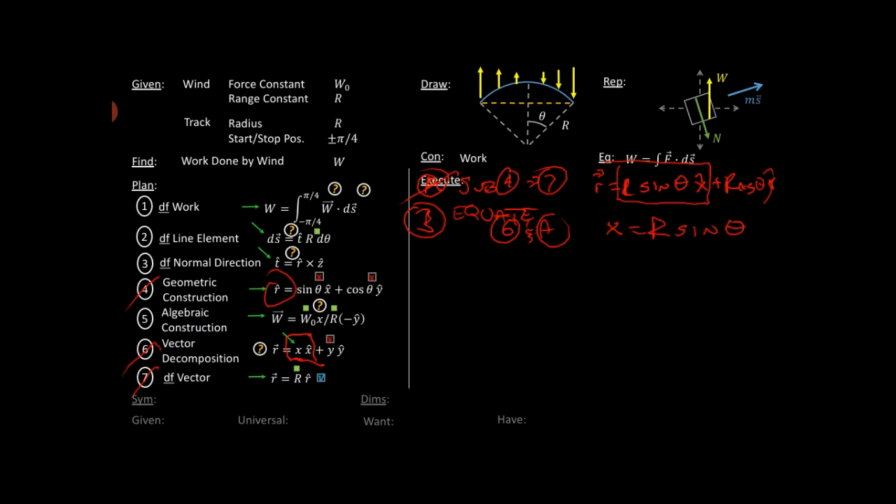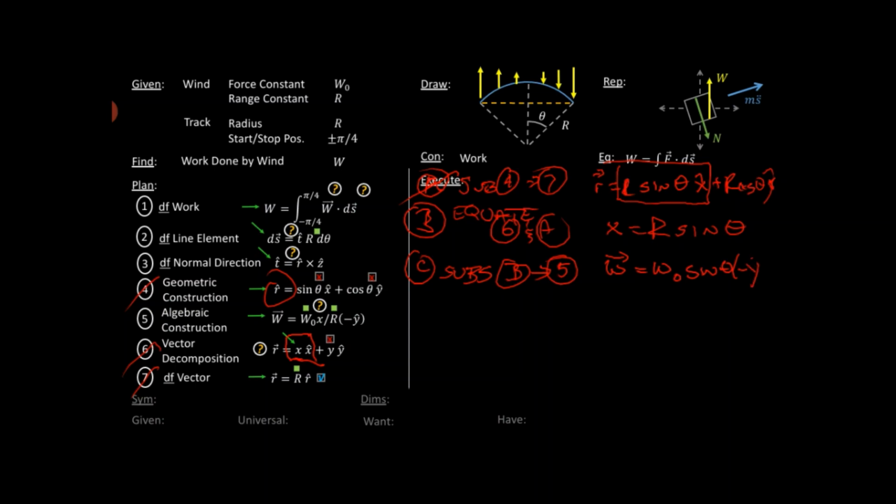So now what we wanted to do is substitute that x into 5. So then we'll have w as a function of theta, so we'll be able to integrate that theta out. So let's substitute b into 5. So we'll just take that x and plug it in there. The r's cancel, so we just end up with the wind force is equal to its magnitude times the sine of theta in the minus y hat direction.